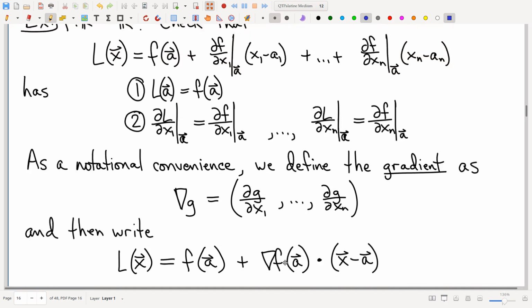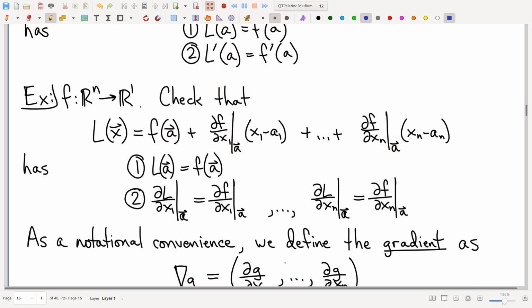Okay. Now, reminder, all of this was for real valued, multivariable, but real valued functions. So now we're going to entertain what happens when we go vector valued.